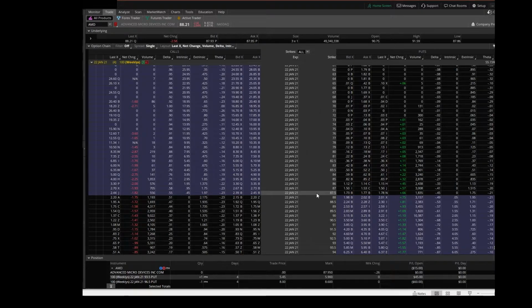Again, we're looking at the 22 January options chain for AMD. Notice first that for the 87.5 strike, this is the one we're going to look at. We're going to look at the 87.5 strike on the call side here.